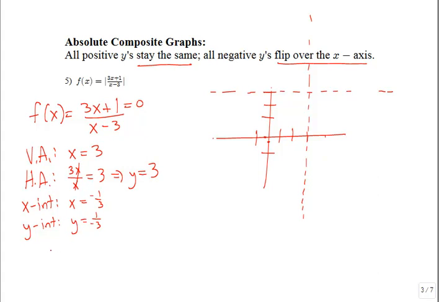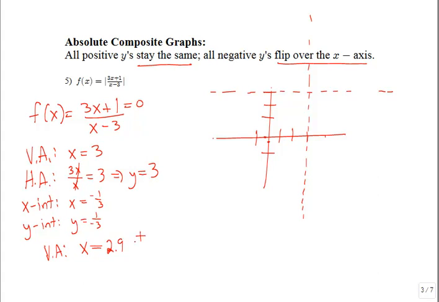So for example, if I'm exploring what's going to happen around this vertical asymptote at 3, maybe we should look at something close to 3 but slightly to the left of it. So something slightly smaller than 3, like 2.9. If I take 2.9 and I plug it into this numerator, what sign is that going to be? Well, 3 times 2.9 is positive something, plus 1 is going to stay positive.